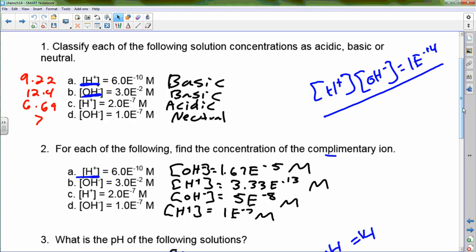Every time. Once you do a few of these, you see that in every case, all you're going to do is take that 1e to the negative 14th and divide by the one that you know to find out the one that you don't know. So you divide 1e to the negative 14th by every single one of those, and you get those answers.